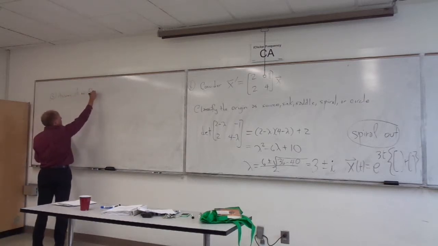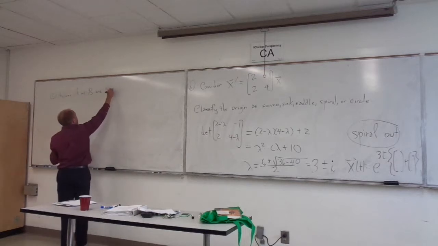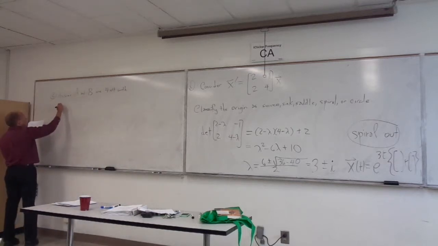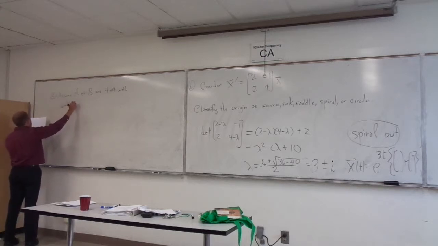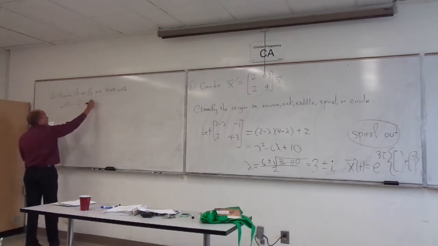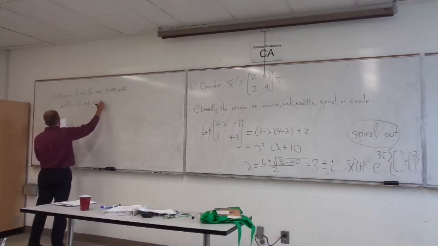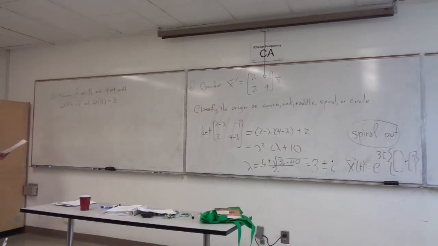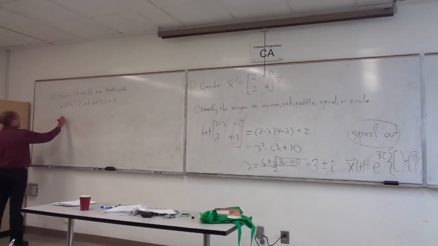These are just kind of a random mix of problems here. Assume that A and B are 4 by 4, and let's assume that the determinant of A is negative 2 and the determinant of B is 3. Let's compute the following thing.